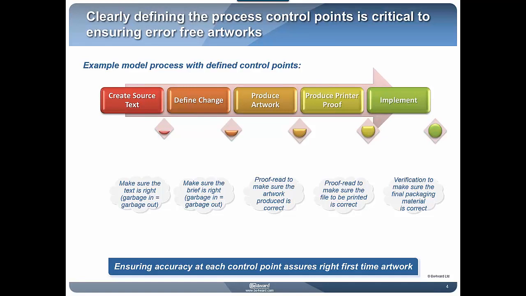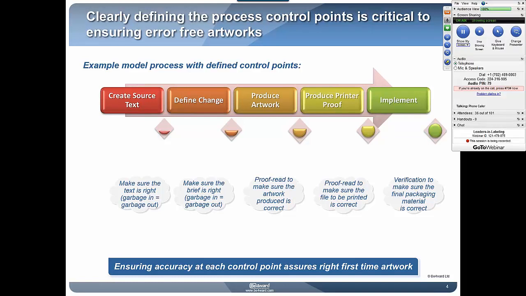between each of these stages where the information is thoroughly checked and approved formally before you move on to the next step. So we see many cases where errors are detected in the source text when the artwork is being proofread. But do you go back and update your source text thoroughly?